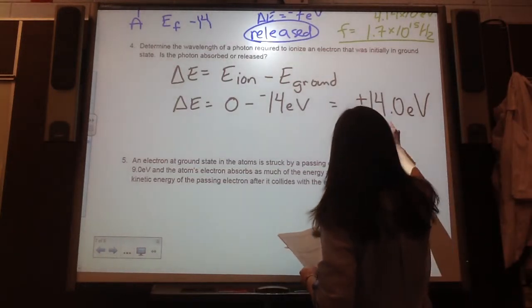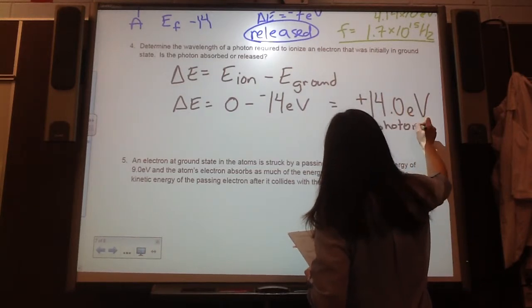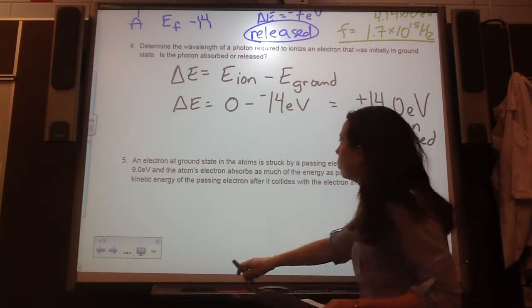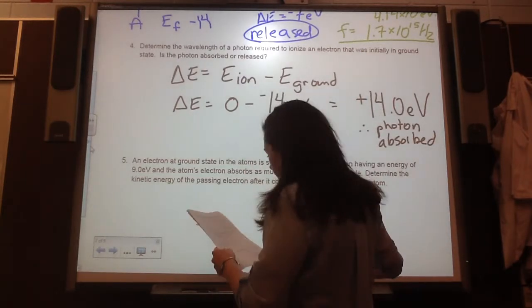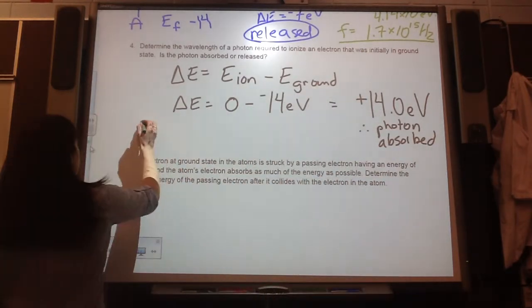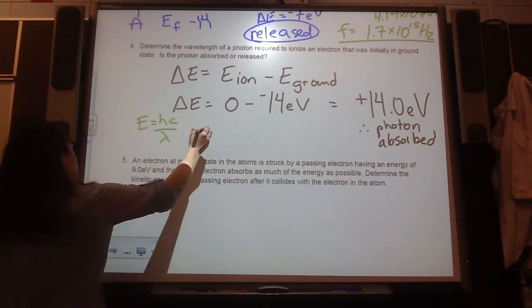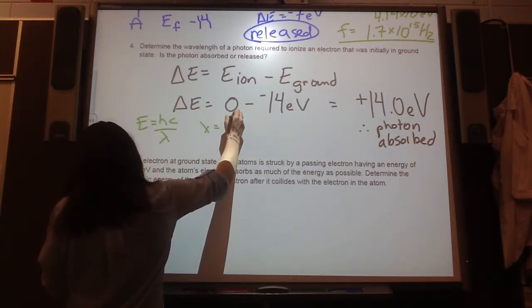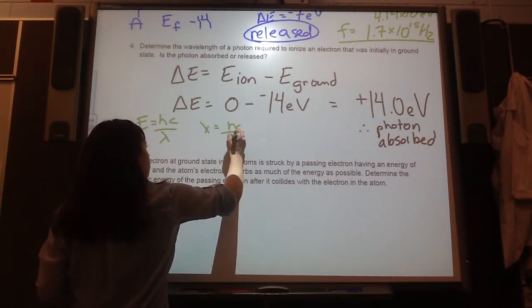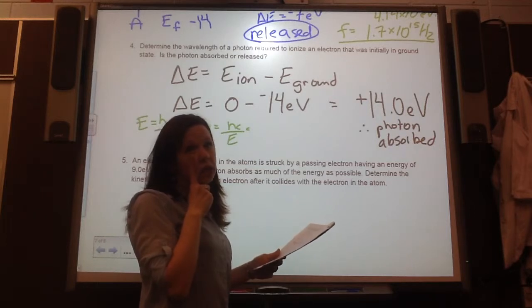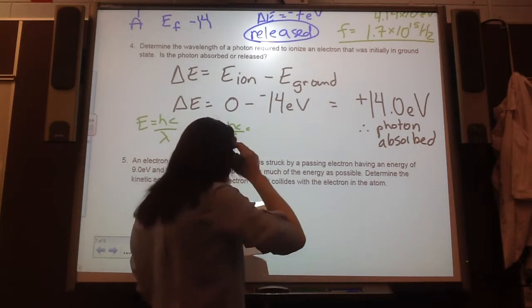So therefore, photon absorbed. And then it's asking you, what is the wavelength of it? Well, we can use E is equal to hc over lambda, and our lambda then is equal to hc over E. Again, use your H that has eV in it since our energy is given in eV.